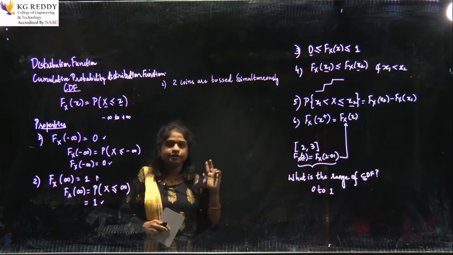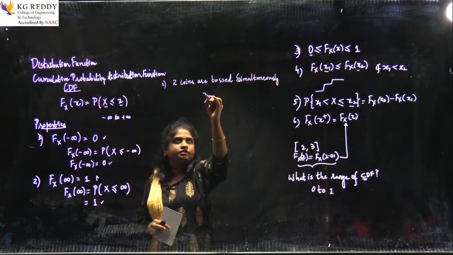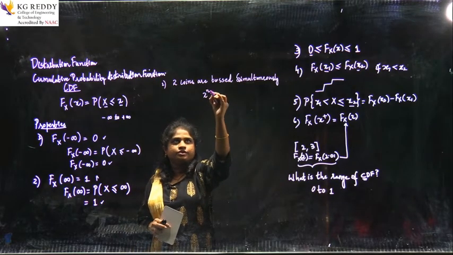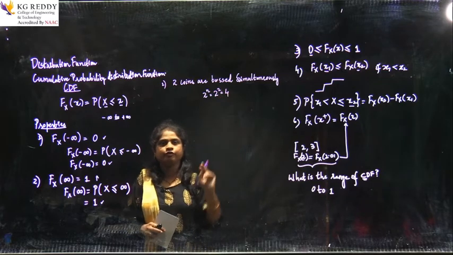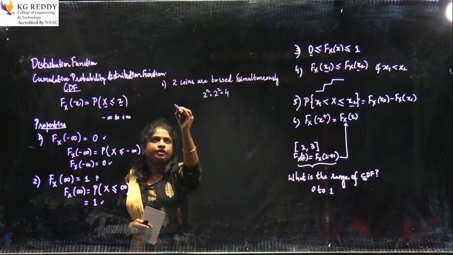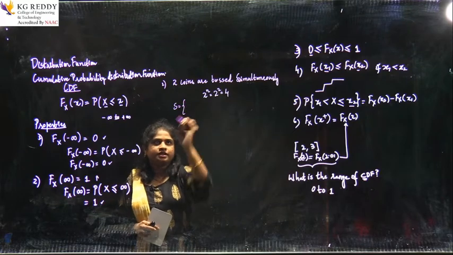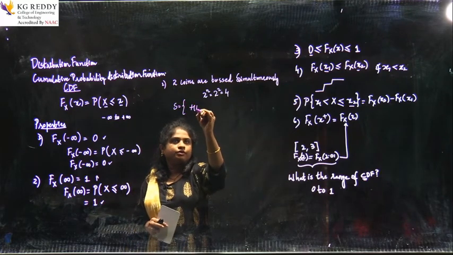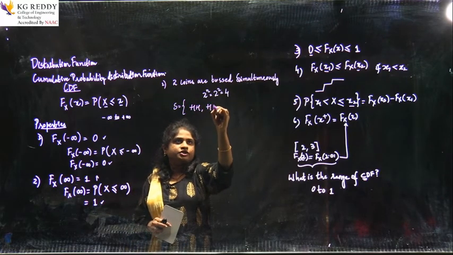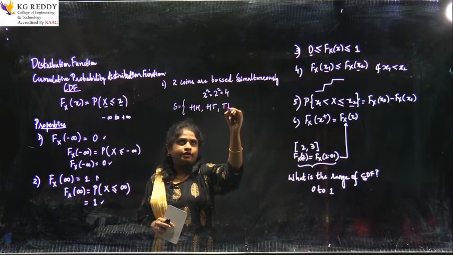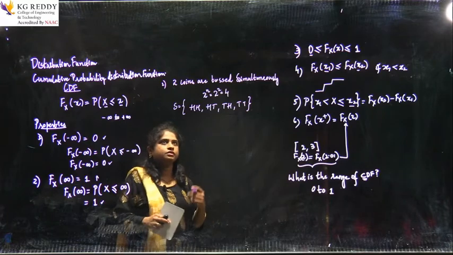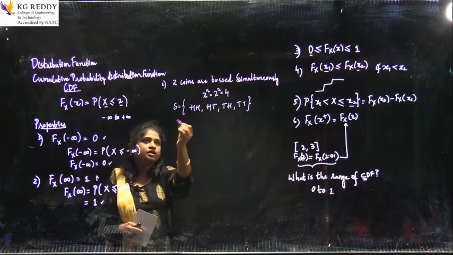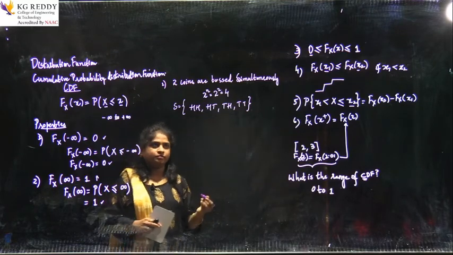Two coins tossed simultaneously means the number of outcomes is always 2 raised to n, so 2 raised to 2. I will be getting 4 combinations. How can I write the sample space? S will be equal to two heads, HT, TH, or two tails. These are the outcomes of the sample space.